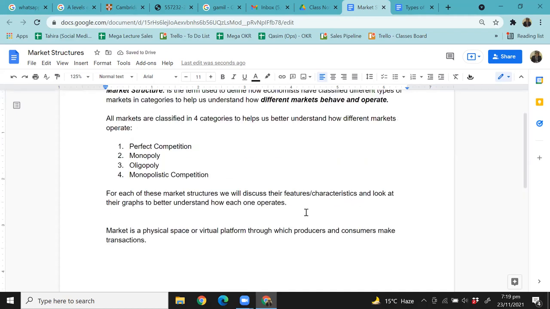Now, in real life, obviously, there are a lot of different types of markets. Let me give you some examples so that you can better absorb what I'm saying. Think about this. If I ask you to compare the brands that are available for a product like soap, just try to imagine how many different brands of soap you know of.